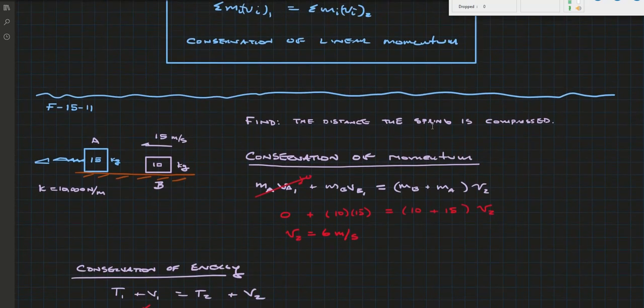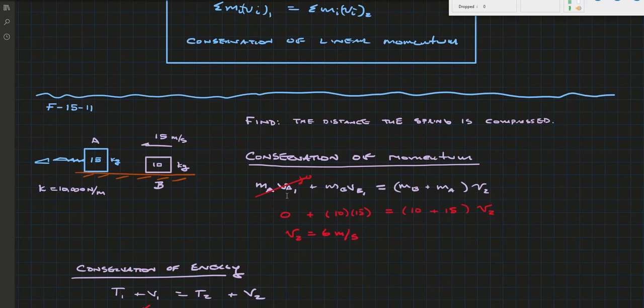Let's find the distance that a spring is compressed in the system over on the left, where we have a 15 kilogram block hooked to this spring, which in the uncompressed state has a k value of 10,000 newtons per meter. We have another block that's 10 kilograms coming in from the right at 15 meters per second. We can apply conservation of momentum.